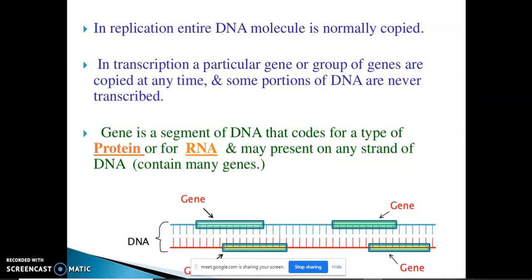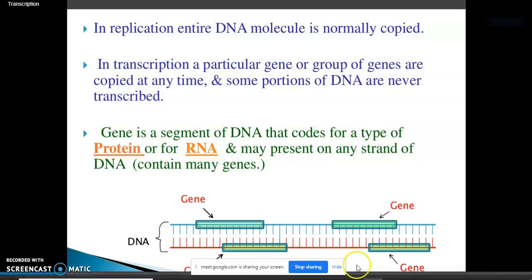And there are segments in the DNA which will not code for any type of protein, which will not be involved in the transcription process. So they are called non-coding DNA. All the coding DNA is called genes. So in a genome, we have multiple genes in our body.